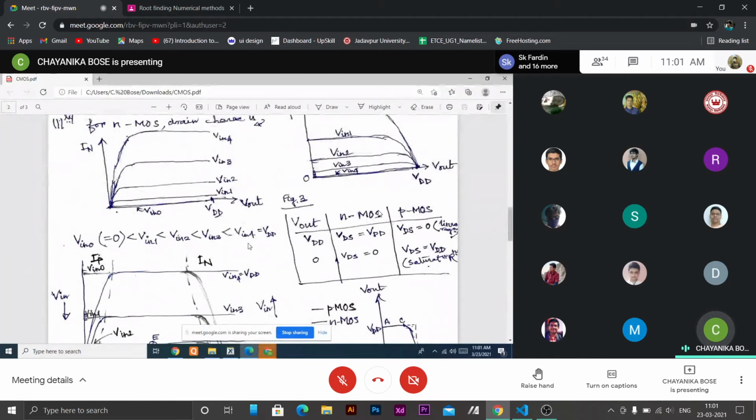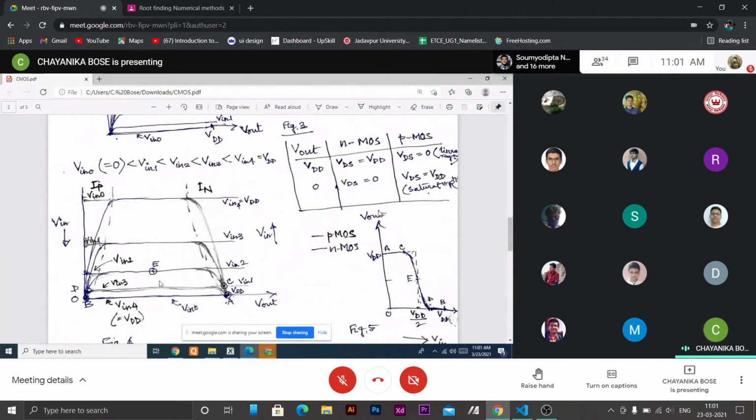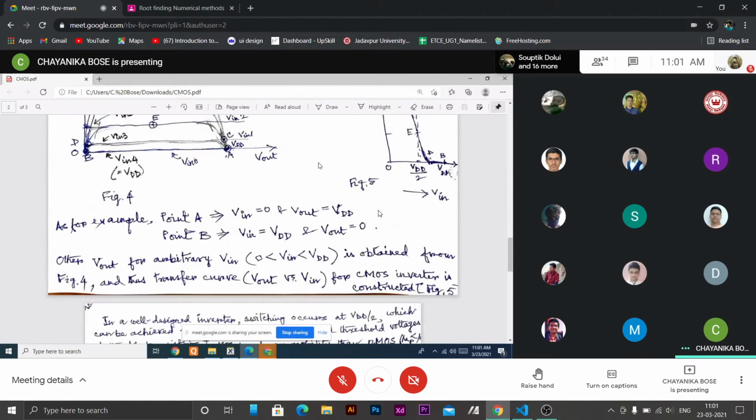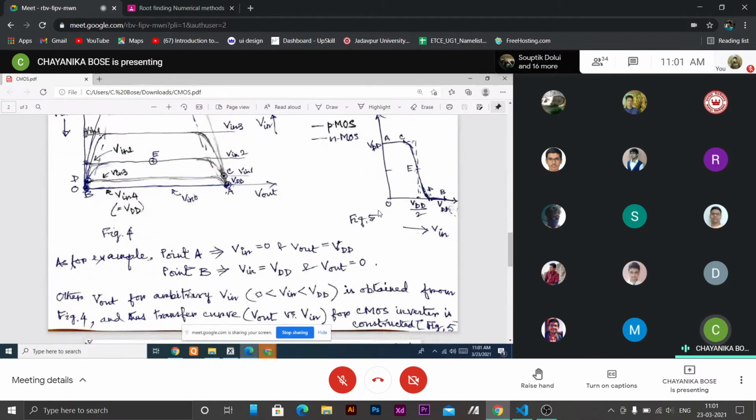এখানে এটাই আমি দেখিয়েছি, একই জিনিস বেসিক্যালি। এখানে ব্লু আর ব্ল্যাক করেছি, ওই জন্য বোঝা যাচ্ছে না। So they will get this one. So দেখি এখানে কি লেখা আছে, as for example point A, we get the point A when V input is 0, V output is VDD, and point B, V input is VDD, V out is 0.